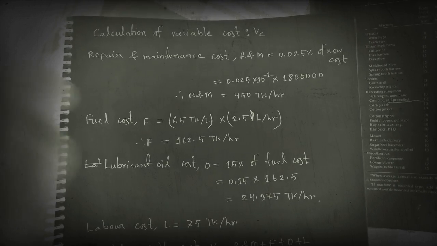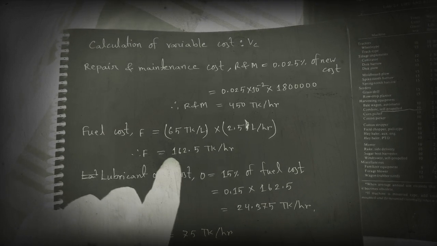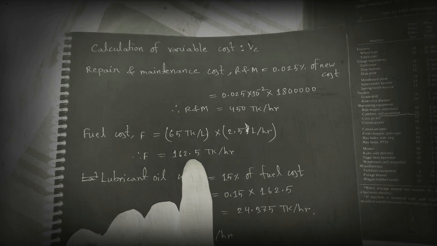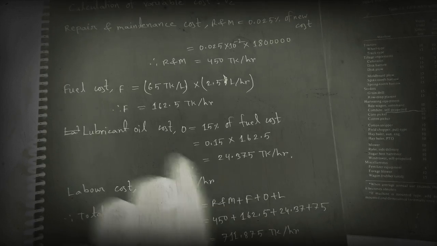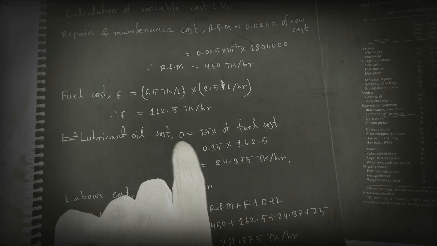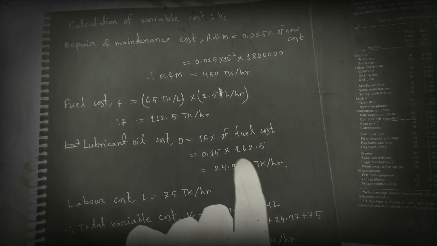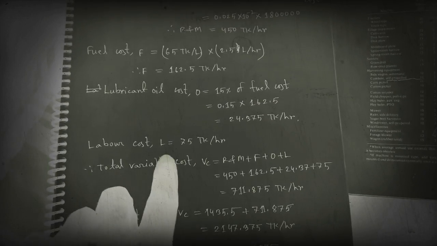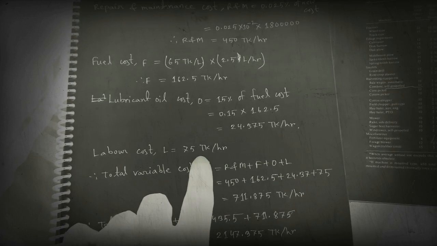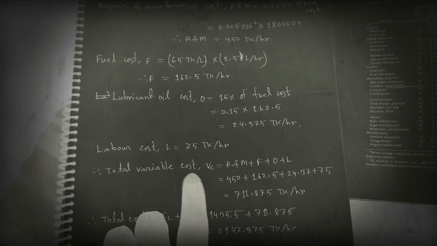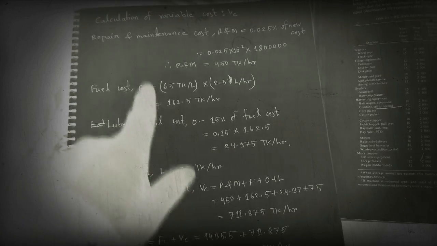Then we calculate fuel cost F and get 162.5 taka per hour. Then the lubricant oil cost, O, is equal to 50% of fuel cost. And labor cost is given in the math, 75 taka per hour. Then we add all the values to get the total variable cost.